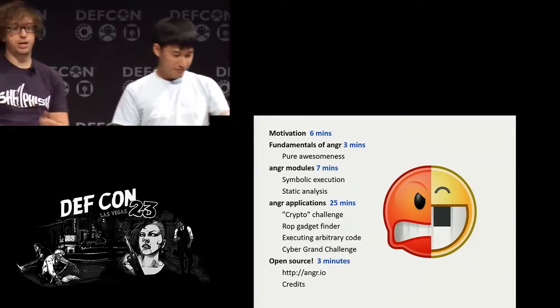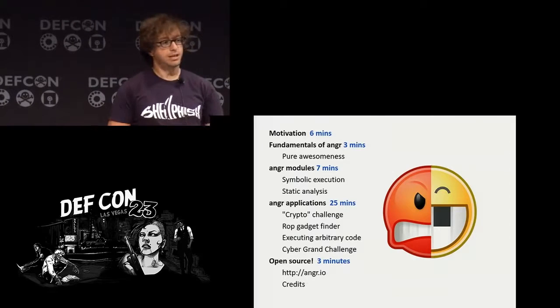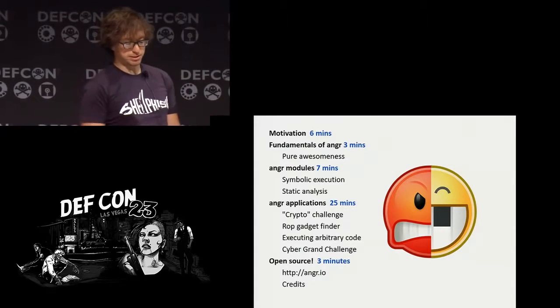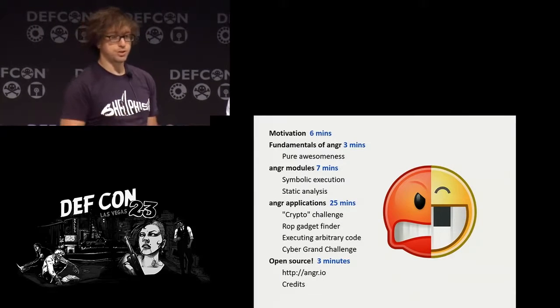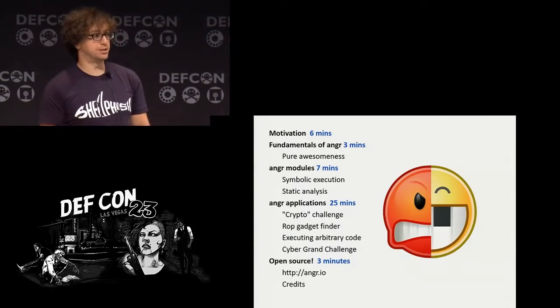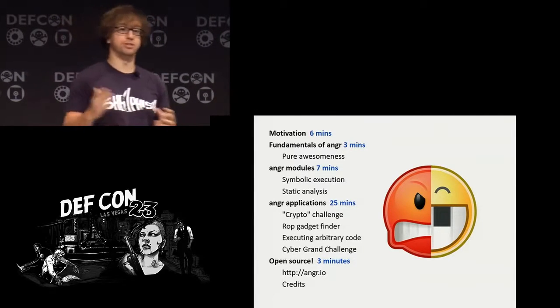All right. So here's a detailed itinerary for today. We will probably fail completely at sticking to this. So we'll go over why we need a next generation binary analysis platform, why we built it, and, spoiler alert, why we're releasing it.